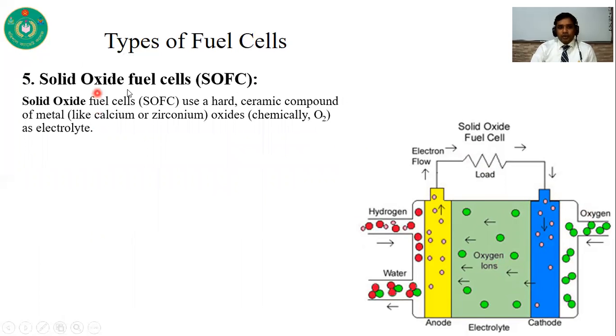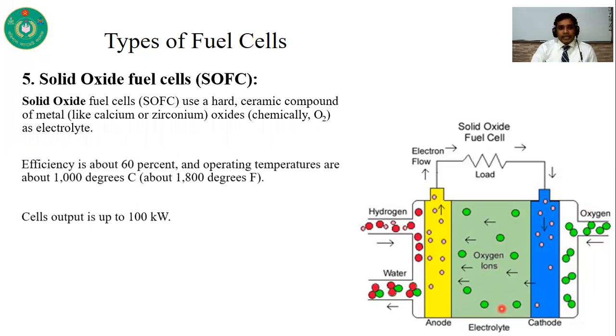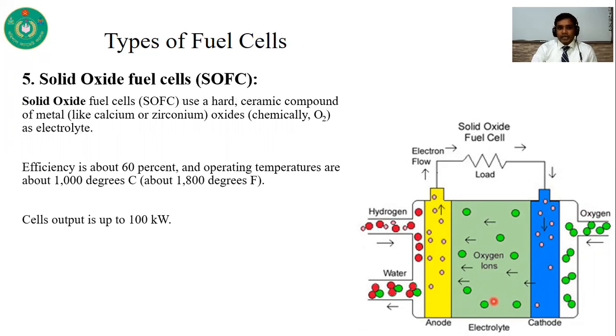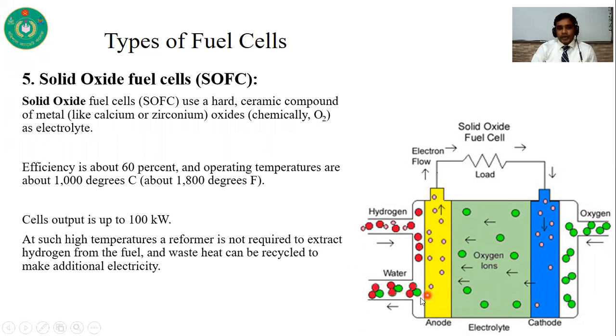And the last one is the solid oxide fuel cell. The solid oxide fuel cell is a hard ceramic compound of metals like calcium or zirconium oxide. Basically, calcium or zirconium oxides are used as the electrolyte, and its efficiency is 60%. The operating temperature is very high, about 1000 degrees Celsius, and the cell output is 100 kilowatts.